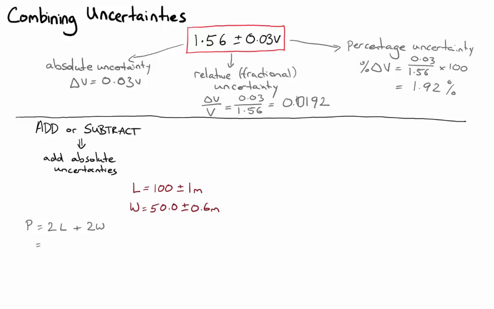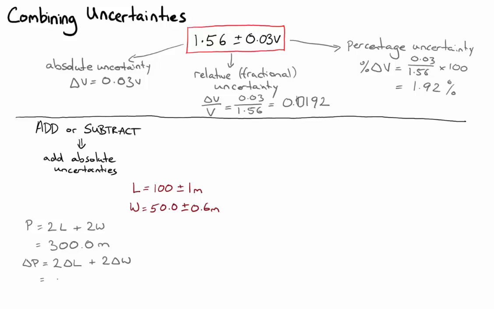And if I put them all together, I get, say, 300 meters. I'm just going to leave it unrounded there for a moment. Because I'm adding those values together, I need to add up the absolute uncertainties. And because this is essentially L plus L plus W plus W, I need to include 2 lots of the uncertainty in L and 2 lots of the uncertainty in the width of the field as well.